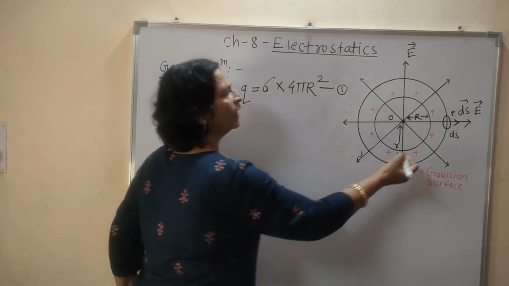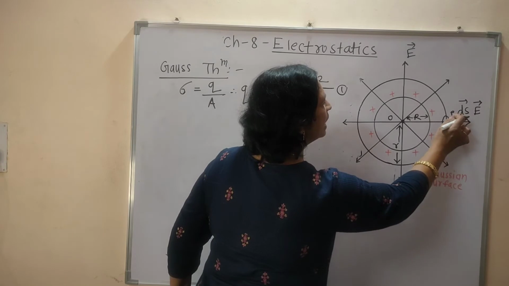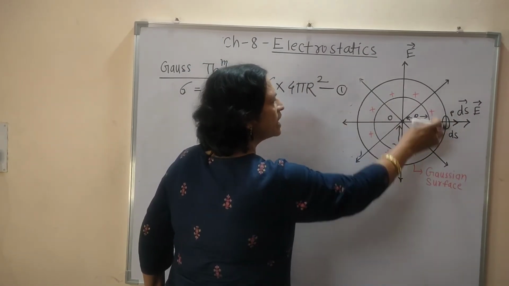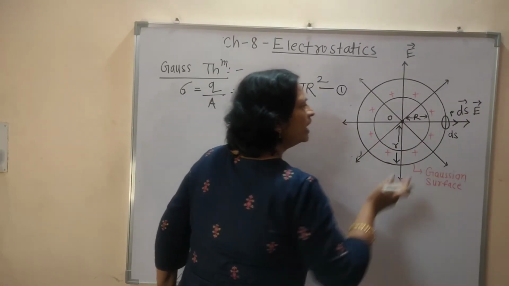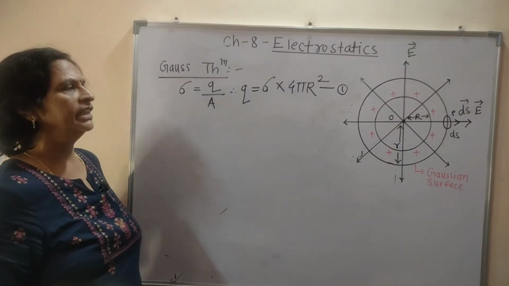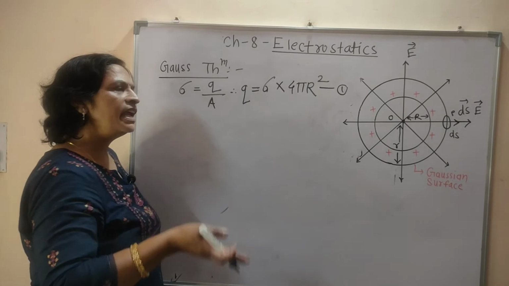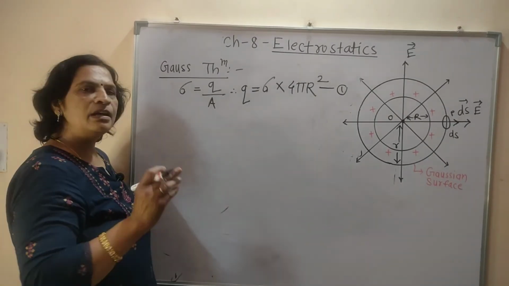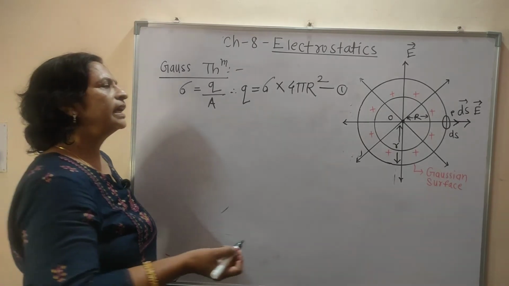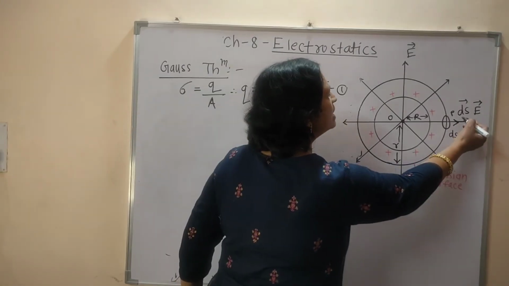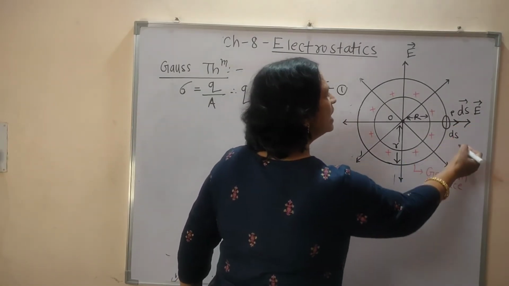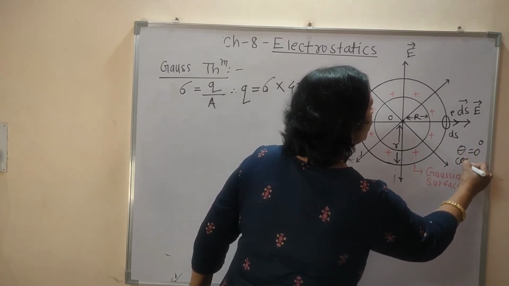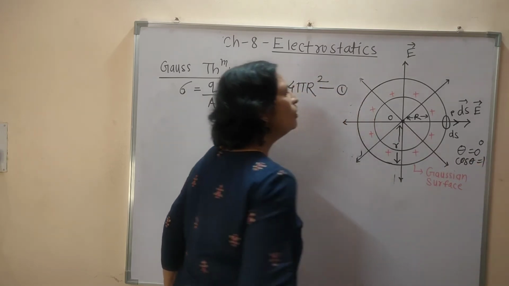Just now I told you, when the charge is positive, this is the direction of electric intensity, and E and ds are in the same direction. So the angle between the electric intensity and the area vector is theta equal to 0 degrees, and therefore cos theta equals 1.